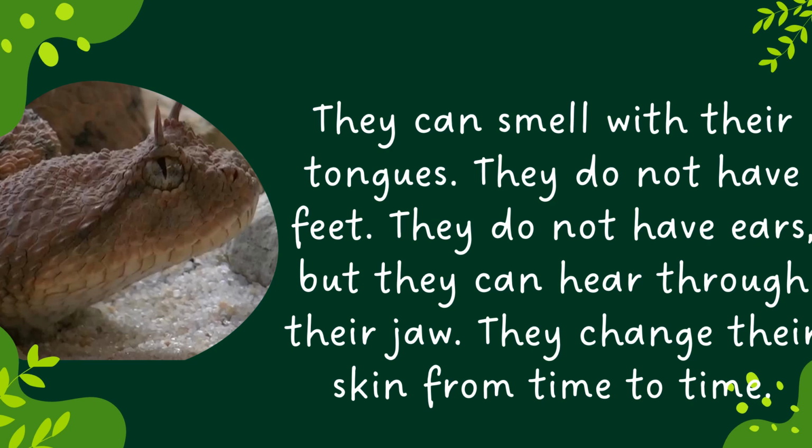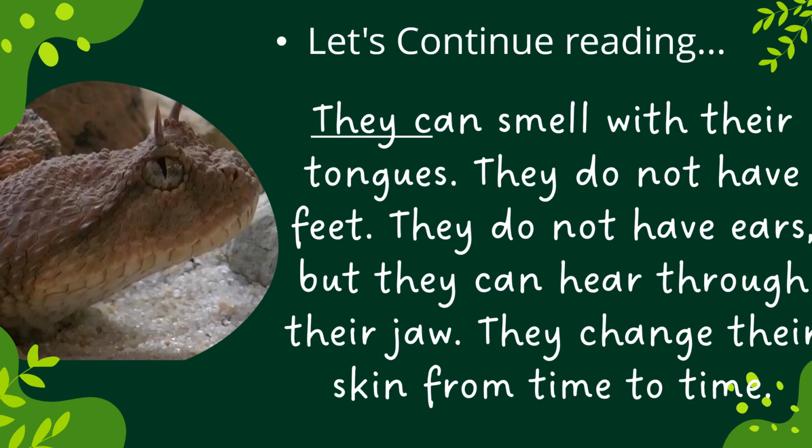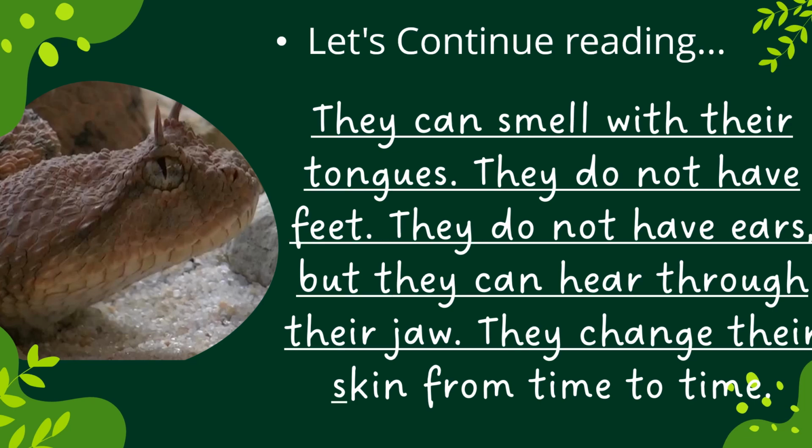You may comment down below your answers if you want to participate. Will you please give me another characteristic of snakes? Okay, very good. Your answers are, they can smell with their tongues.